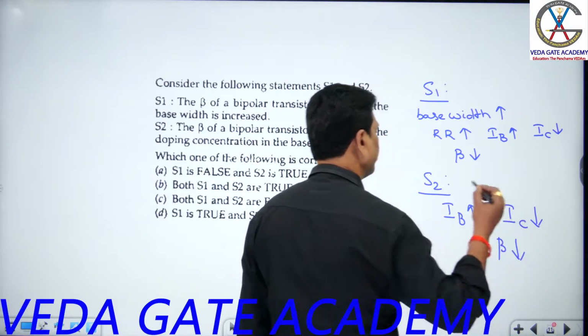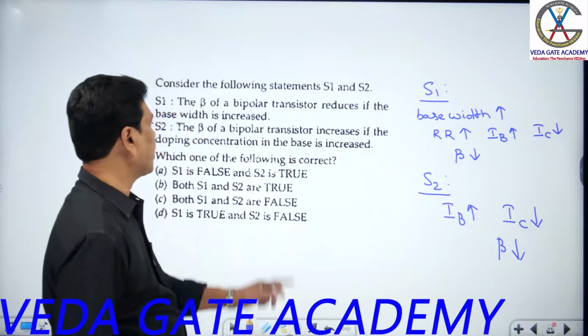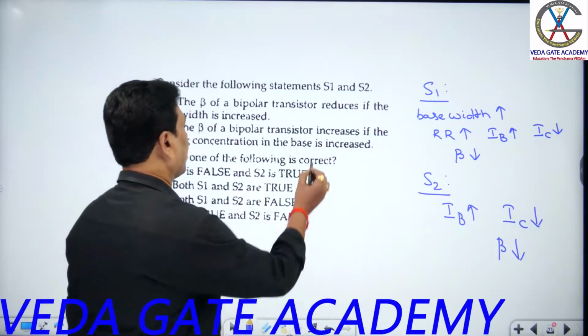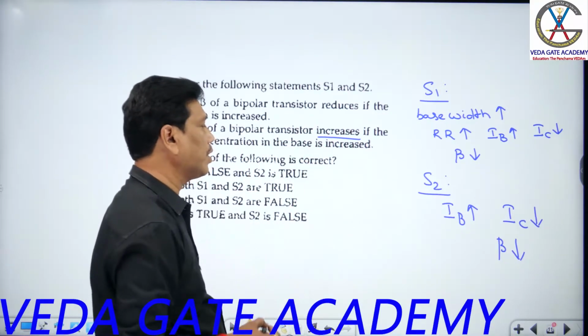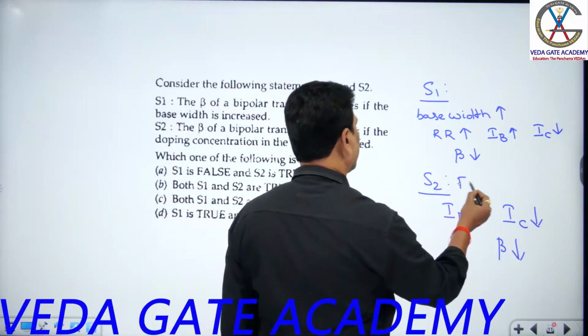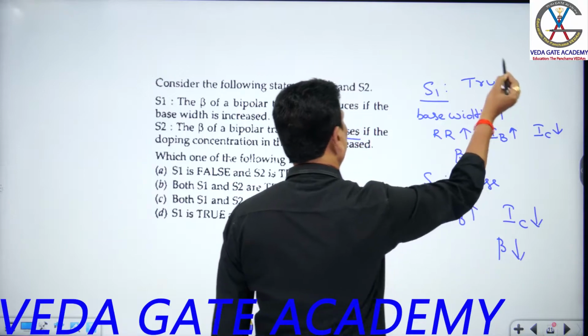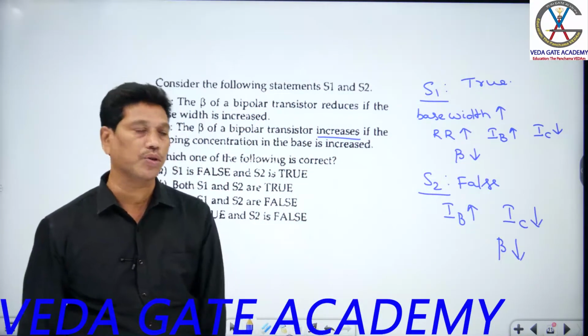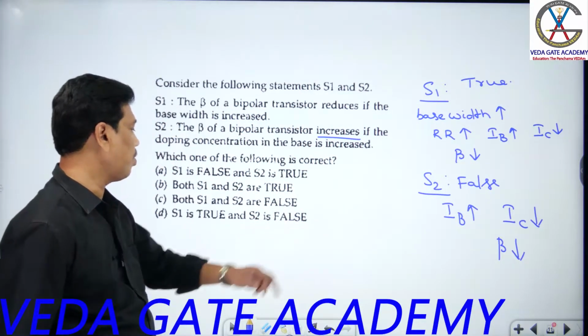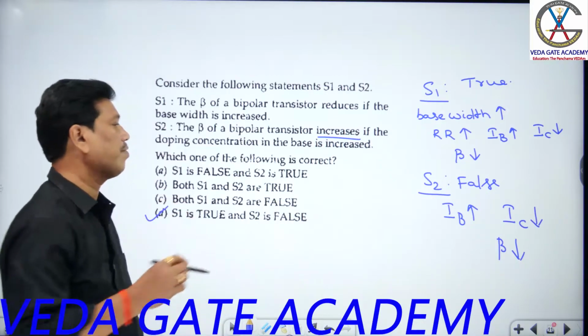But it says beta increases, that's wrong. So S2 is false and S1 is true. The option is S1 true, S2 false. D is the answer for that.